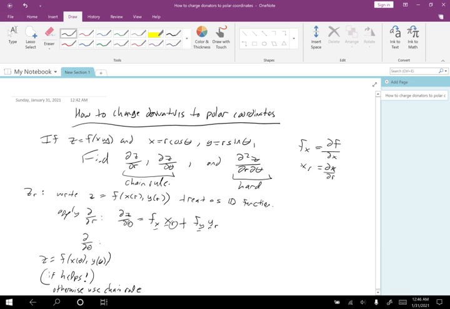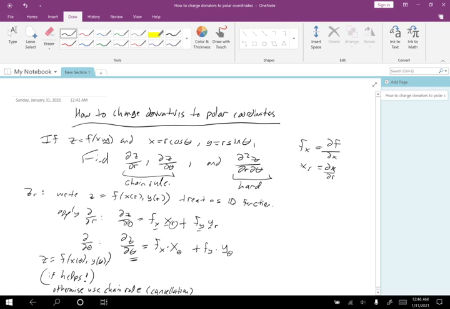I like to think about it as cancellation. So for dz/d theta, there's going to be an f sub x, there's going to be an f sub y, and in order to have cancellation, we'll have x sub something and y sub something, and that something is precisely theta to match the left-hand side.